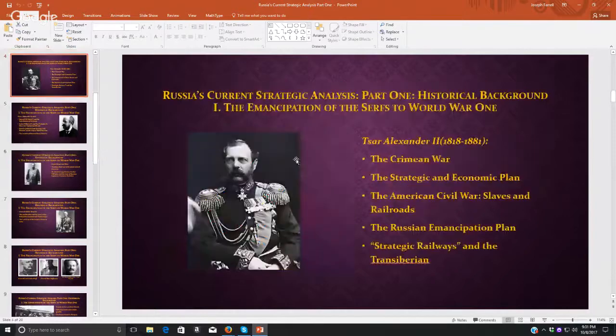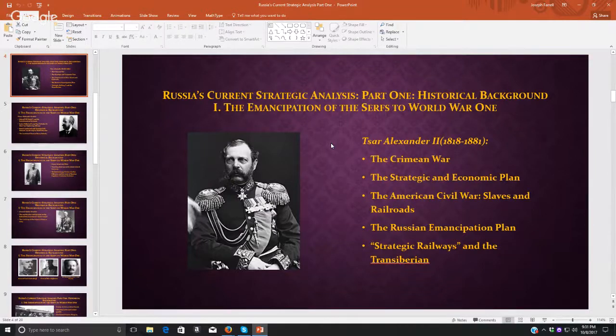So with that in mind, let's begin with the massive changes that began to occur in Russian society in the middle of the 19th century with this man here. This is Tsar Alexander II. You'll see his life dates over here, 1818 to 1881, a rather long-lived character, very, very influential in modern Russian history.